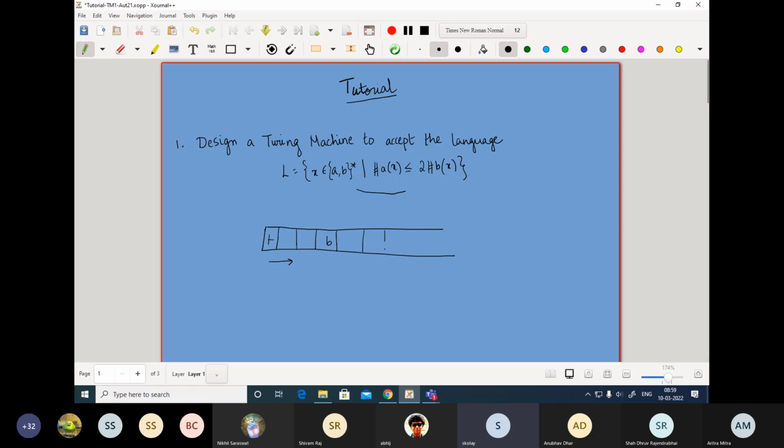So one check that you have to do is whether this is an empty string or not. If it's an empty string, you accept. If it's not an empty string, then somehow you have to remember that. And if you don't come across any B's, then you go to reject. This is one sanity check that you should be able to do in your finite control. And after that, I think what you're saying is look at the first unmarked B, mark it, and then go to the left again and search for two unmarked A's.